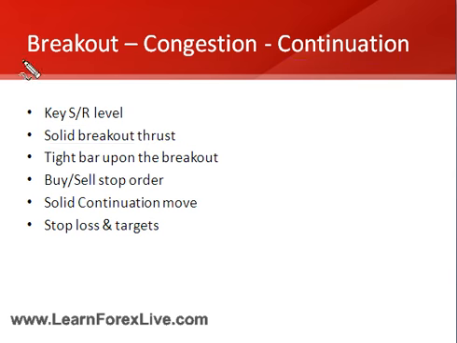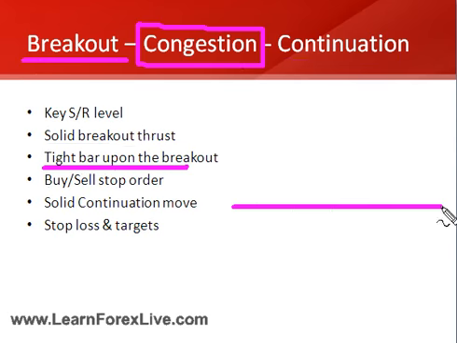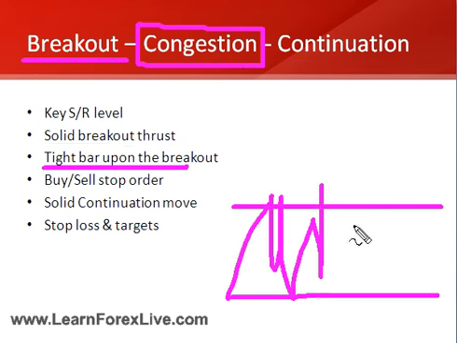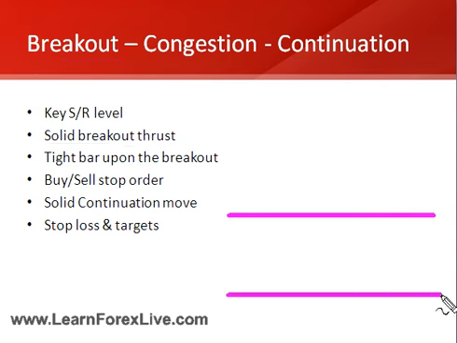Once we have that solid breakout candle, we need to see our second candle formation on the following day, or the following week if you are trading off the weekly charts, which is the congestion part of this pattern. You want to see a tight bar up on the breakout. Again, going back into our range example, let me redraw it once again.